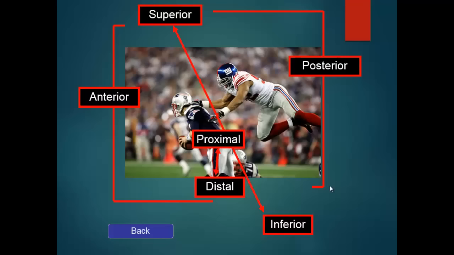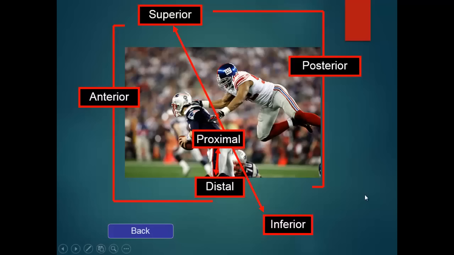The anterior side of him is trying to get away from Michael Strahan, while the posterior side is dealing with the brunt of Michael Strahan about to sack him. Now, looking at his leg, we can see the hip is more proximal than the knee, which is distal. Just a couple of examples.